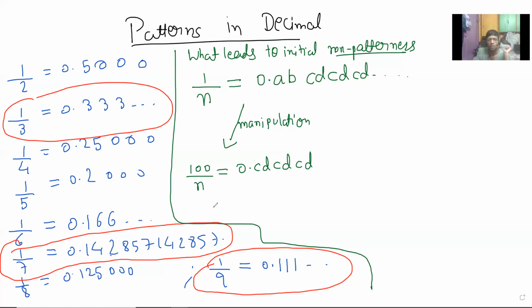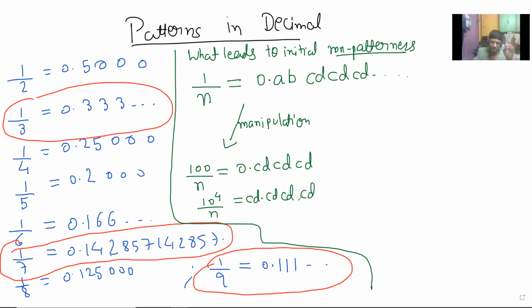Now, how can I use this? I can take this 100 by n, and let's say I multiply by another 100 for the CD. So let's say I make it 10 to the power 4 by n. And this will be CD dot CD, CD, CD.